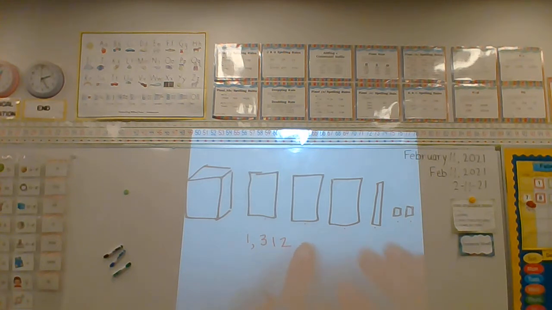Or if we wanted to stretch it out, King Eglon style, expanded form, we have to write 1,000. Remember, the 1,000 has 3 digits behind it, or 3 zeros to show 1,000, plus 300 plus 10 plus 2.